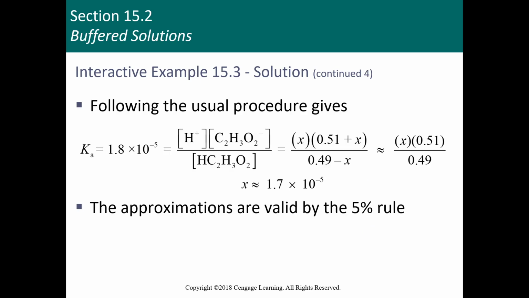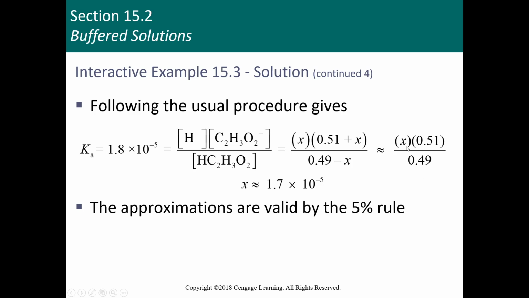All right, so again, you're going to plug those right into your equilibrium expression, which is actually the exact same as the previous problem. We just now have the 0.51 here and 0.49 here. Again, we would assume that this value of x would be much smaller than the 0.51 here, or 0.49. And so we can get rid of the plus x and the minus x to leave us with this relationship right here.